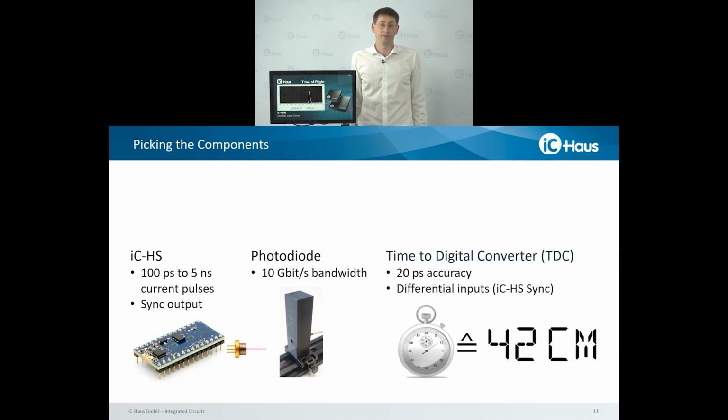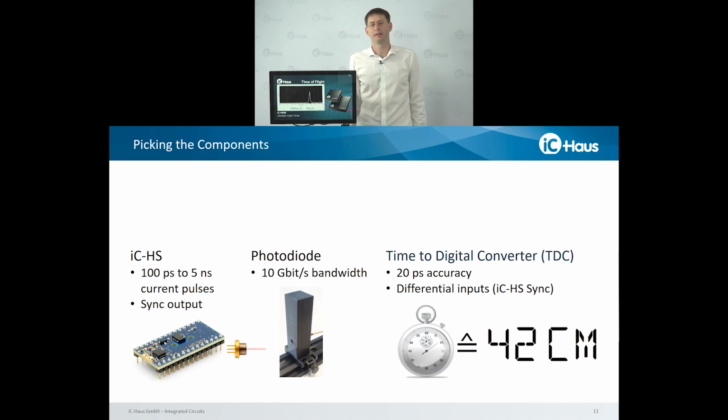Light travels very fast. 1 centimeter is traveled in about 33 picoseconds. And there are quite several TDC concepts on the market which fulfill this accuracy requirement.